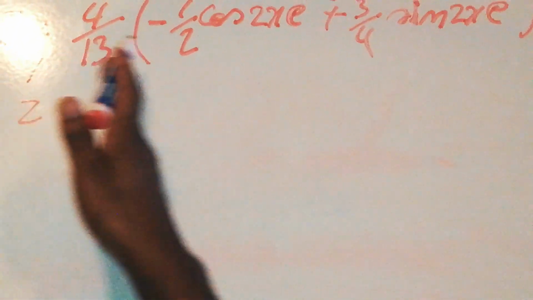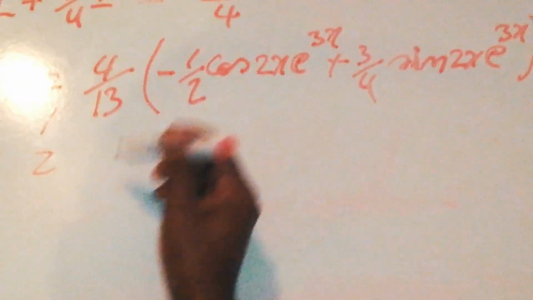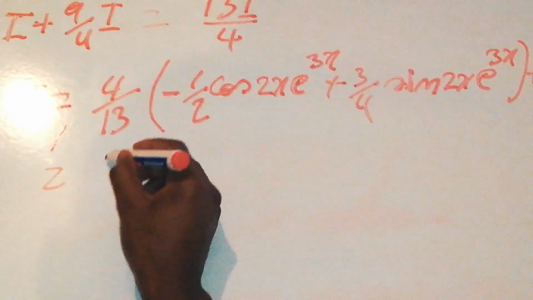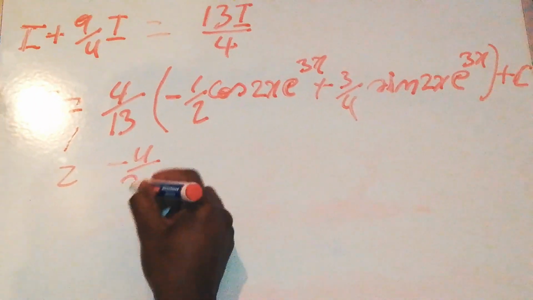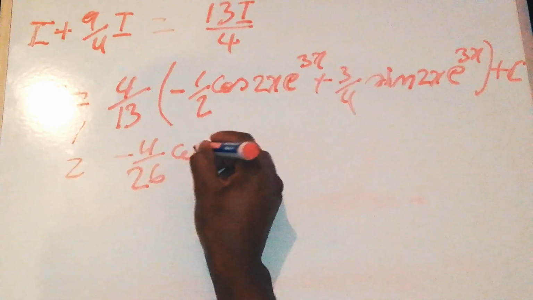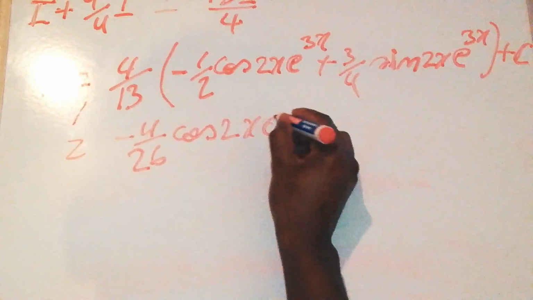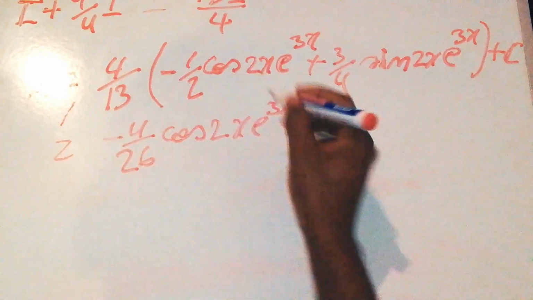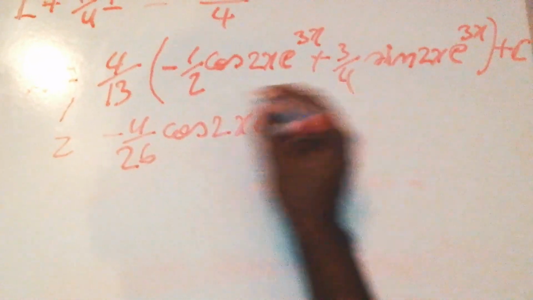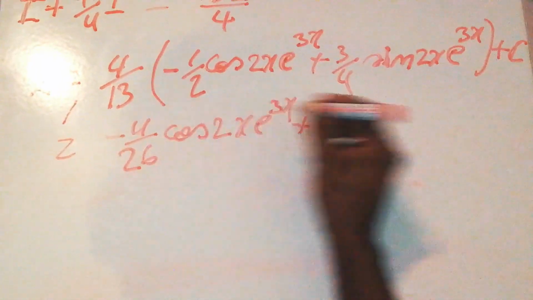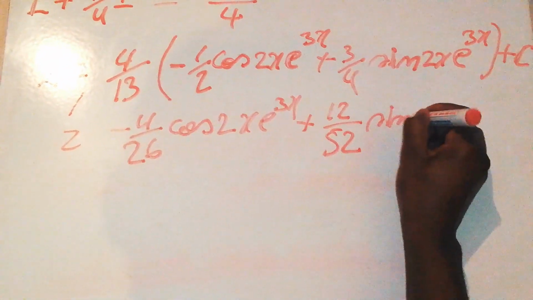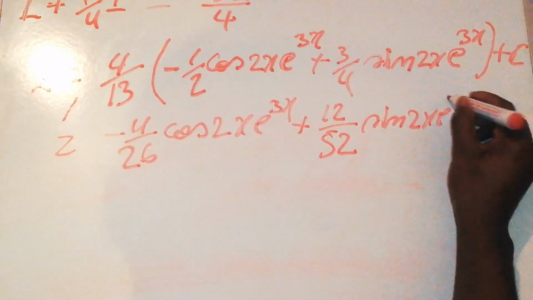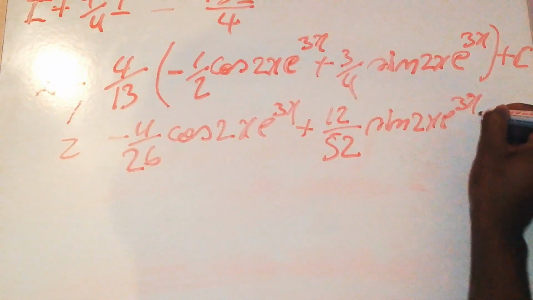So if you want, you can explain it as you wish. This one can go inside, which can give me then minus 4 over 26 cos, you can carry on, up to you, plus 12 over 52 sine of 2x e exponent 3x plus c.